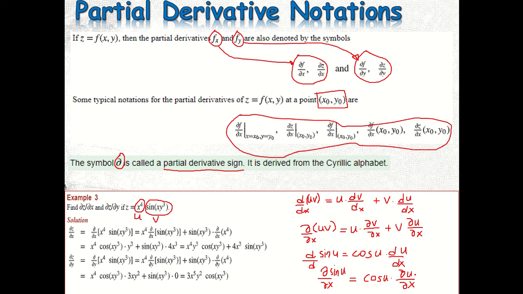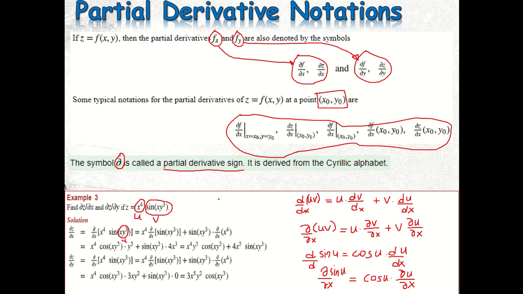Okay, so in this case, when you use this formula, this part is now your another u. Since you are differentiating with respect to x, you held y as constant. So that's why you have only here y cubed, because you held y as constant.